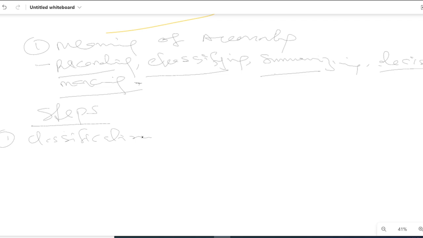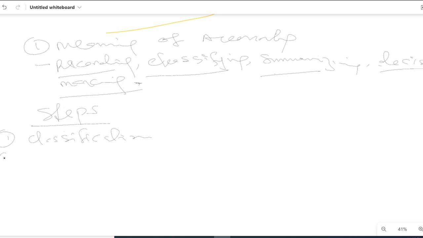This is where you classify all your transactions. Okay, this transaction is going to asset, this transaction is going to liability, this transaction is going to revenue, this transaction is going to expense. That is the first thing to do.